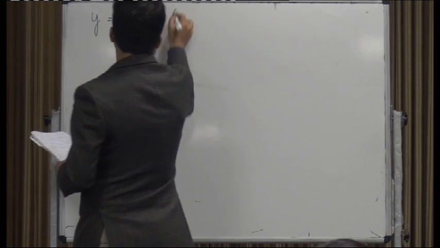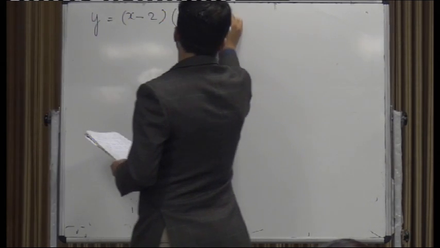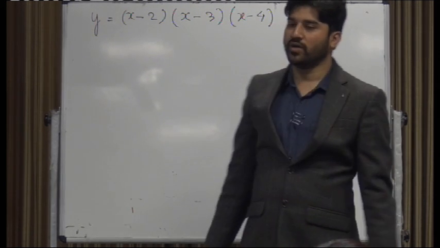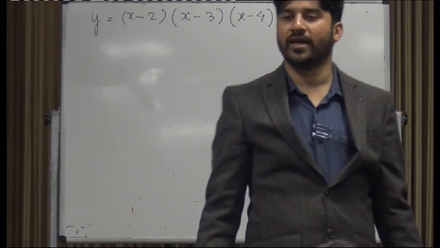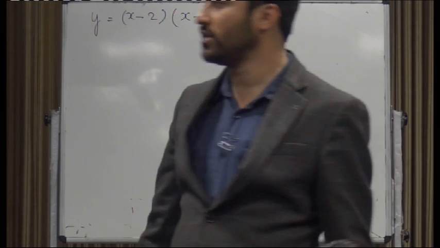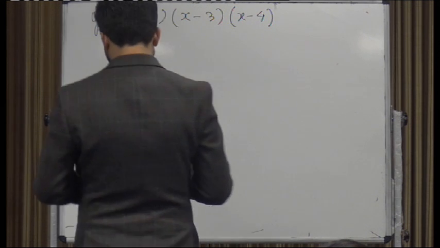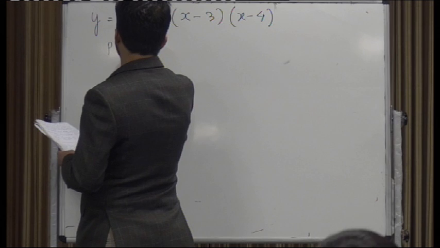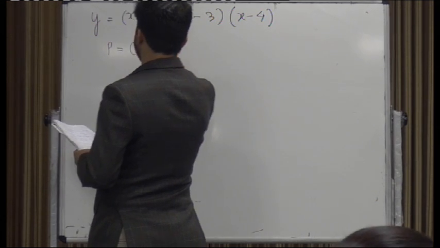क्वेश्चन था कि y is equal to x minus 2 into x minus 3 into x minus 4. So you have a cubic curve, x minus 2 into x minus 3 into x minus 4. P is 1, 0.